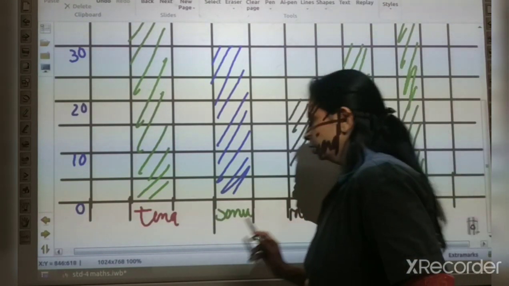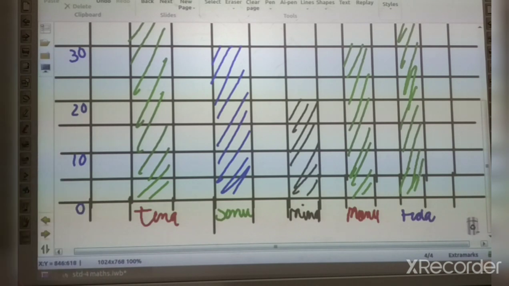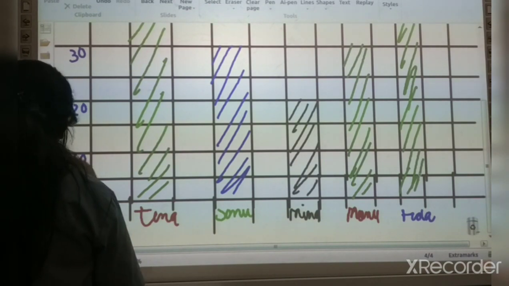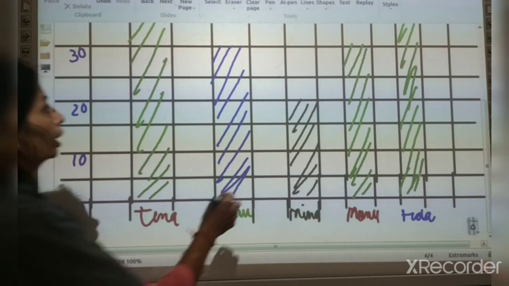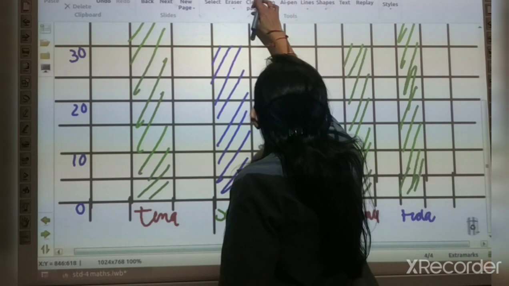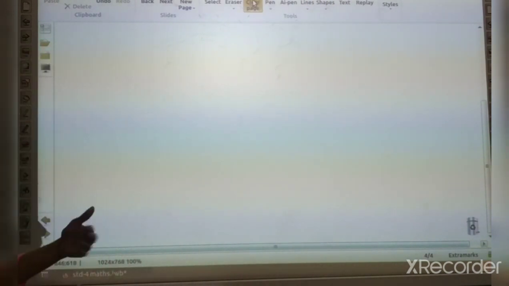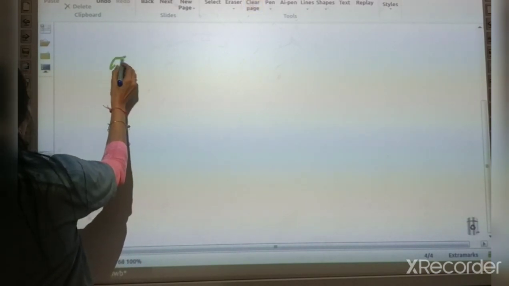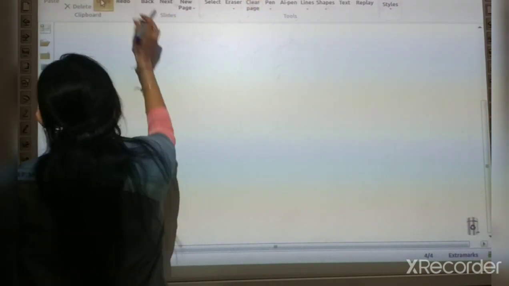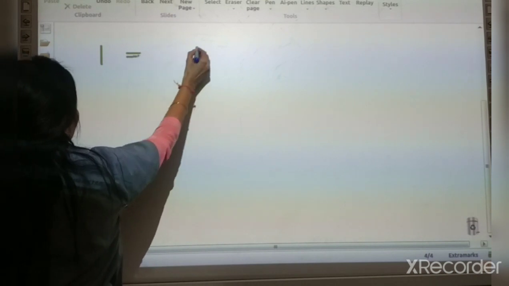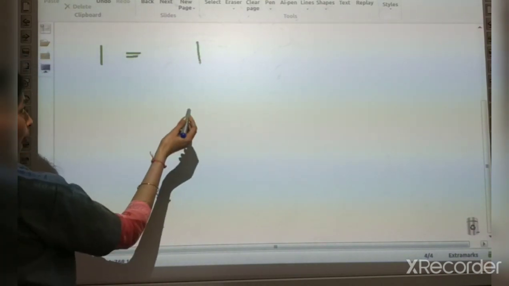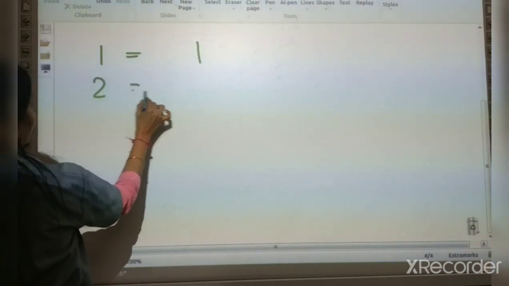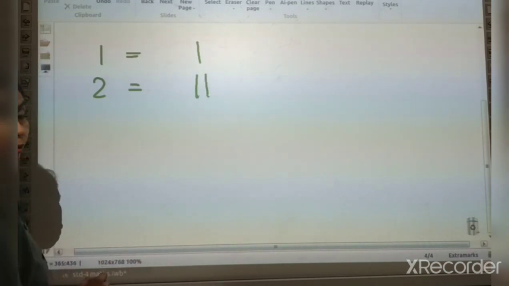Now this is a bar graph. You also know tally marks, right? You learned about tally marks in the previous class. Suppose 1 is given, so you write 1 like this in tally marks. For 2, you draw 2 standing lines.